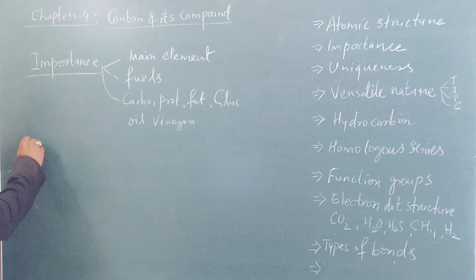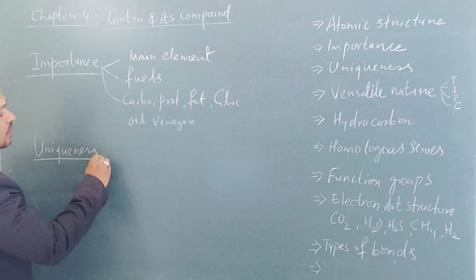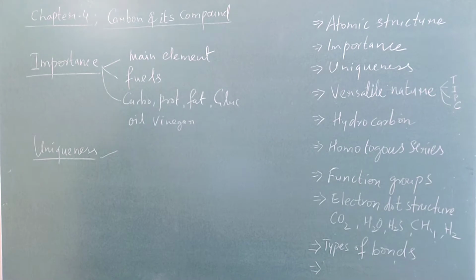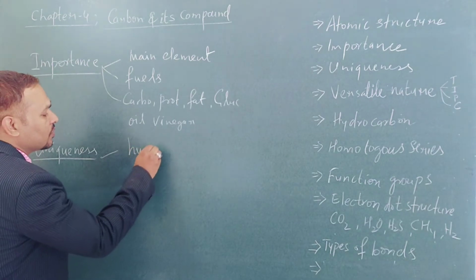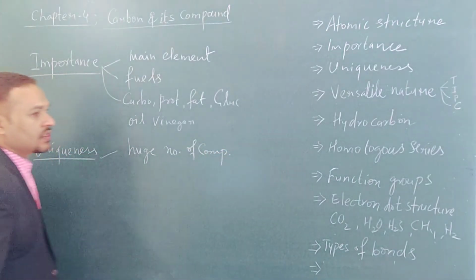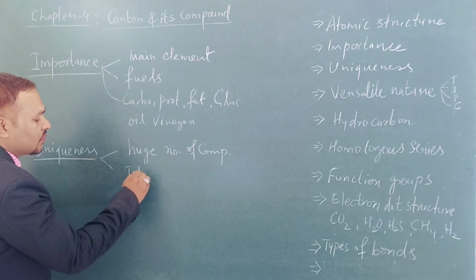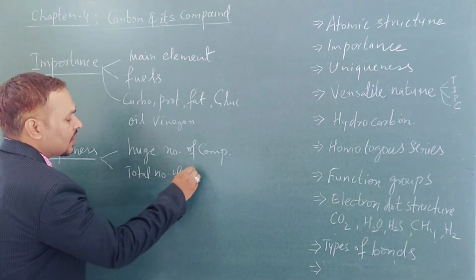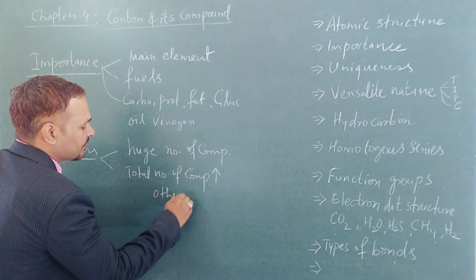Next thing is, what is the uniqueness of carbon? Carbon में क्या unique है, right? So see, the number of carbon atoms in the universe is more than other elements. It can form a huge number of compounds. The total number of compounds of carbon is more than other elements.